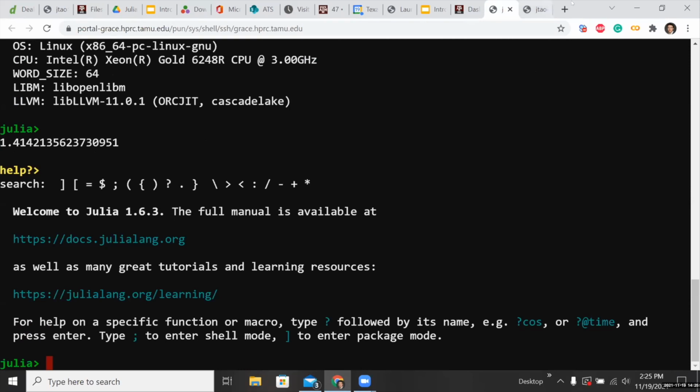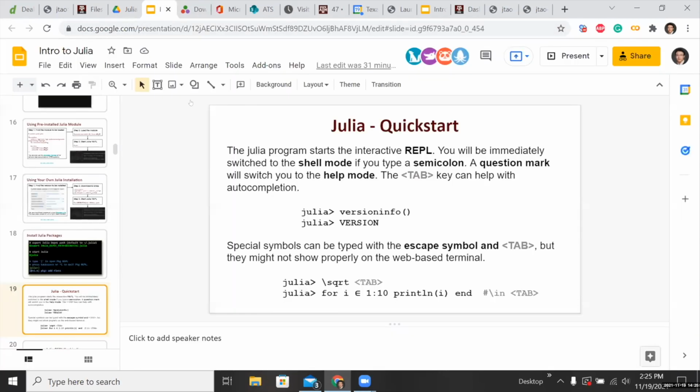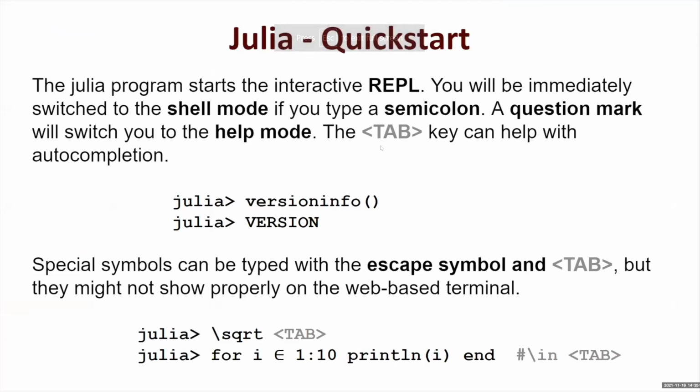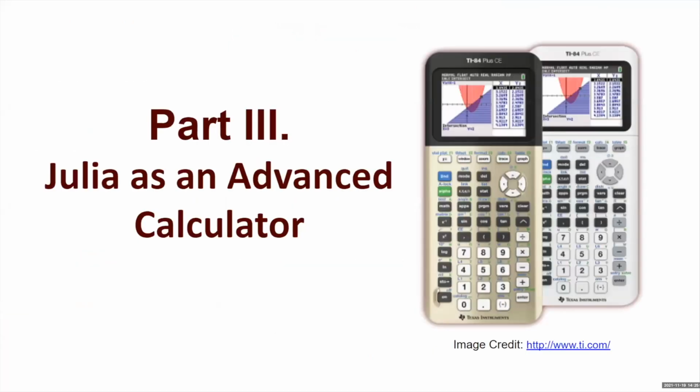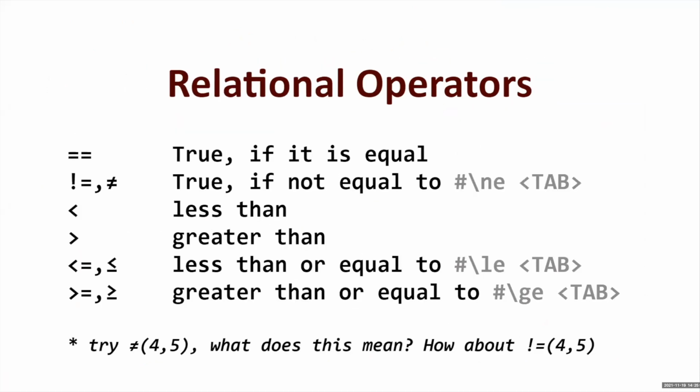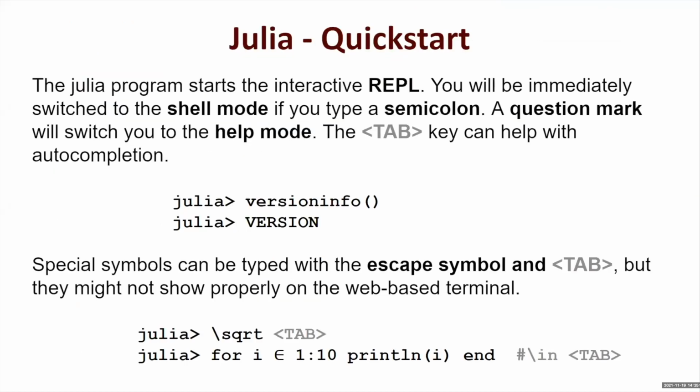Yeah, but anyway, these are some things you can try out if you have a different shell, not the web-based shell. This might not be a good idea for you to try all these things. But what I'm trying to show you here is that Julia supports all these special symbols, which you can print out not just in ASCII.